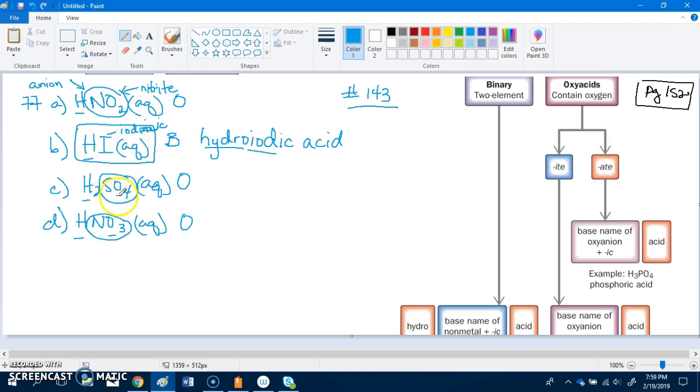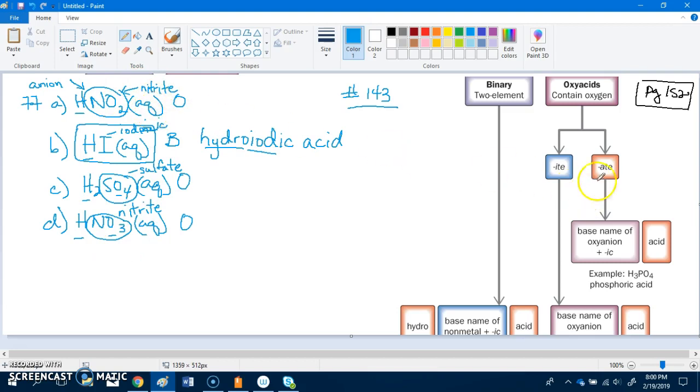SO4 is sulfate. And this one right here, NO3, is nitrite. So I've named all the anions in the oxyacids.